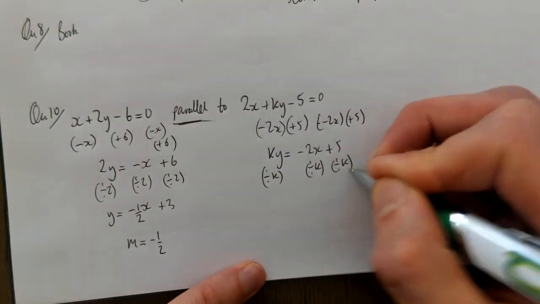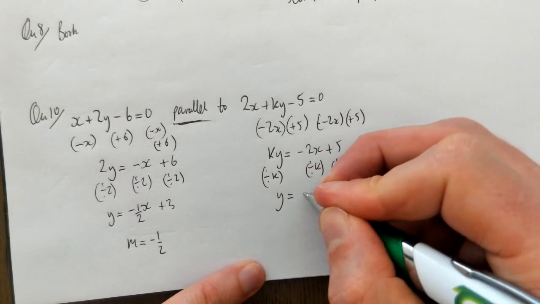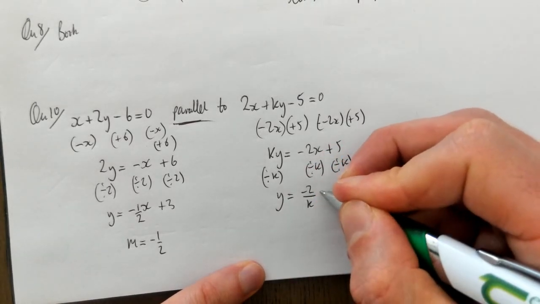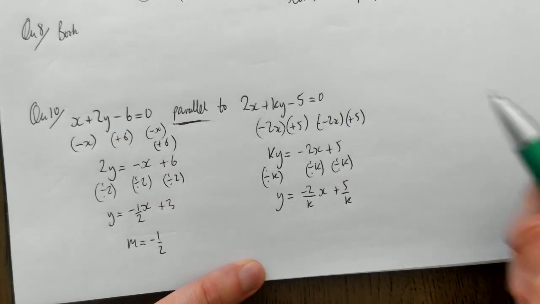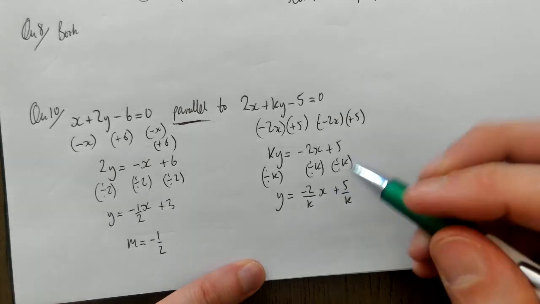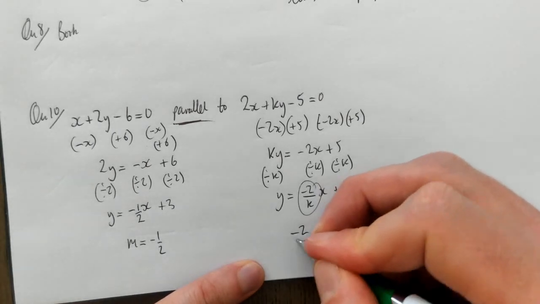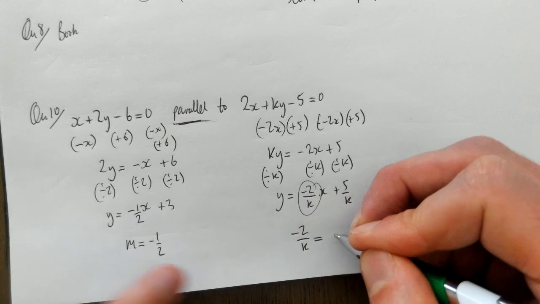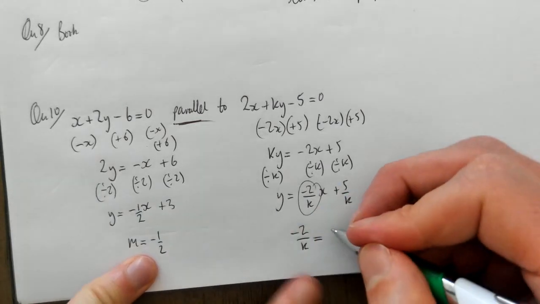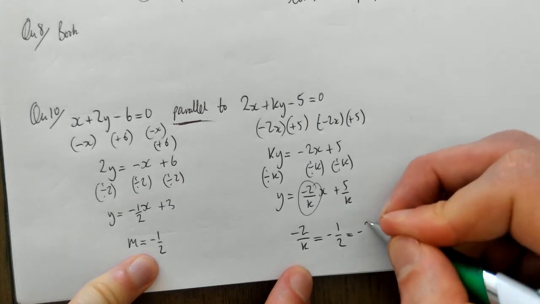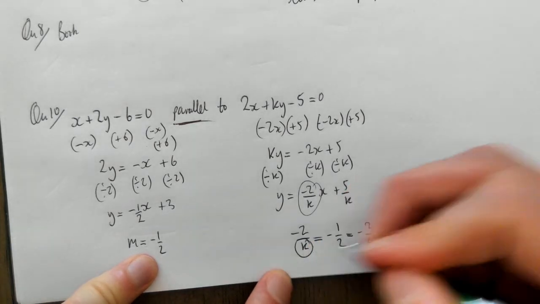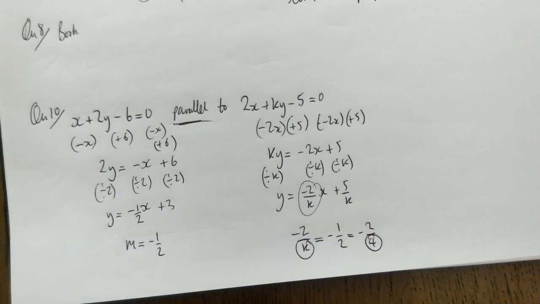You might have worked it out already, but I'm going to do this. y is equal to minus 2 over k x plus 5 over k. I know that this minus 2 over k is equal to minus a half, because it tells us in the question that the slope is minus a half. That is minus 2 over 4, which means that k is equal to 4. Okay, you get it. So a bit of a twist on that one.